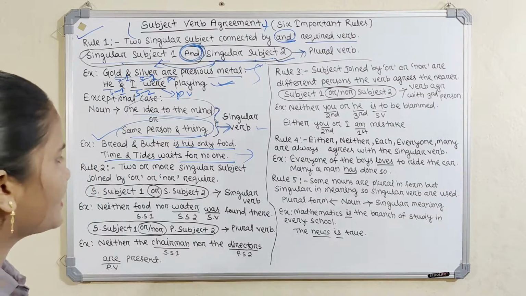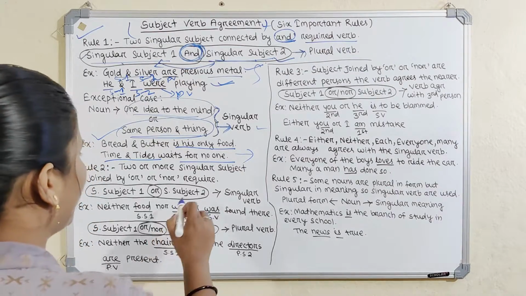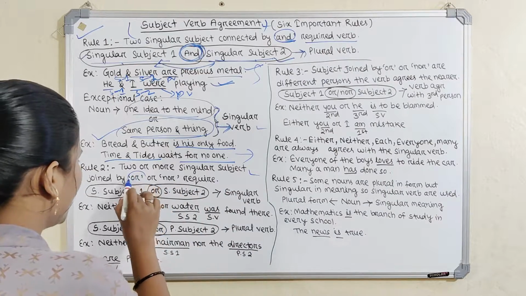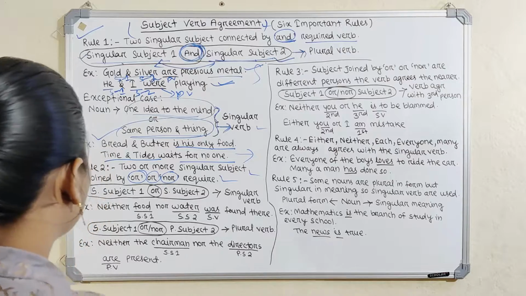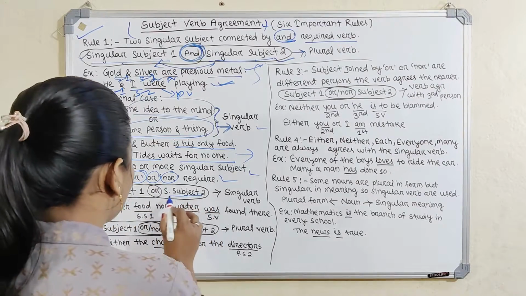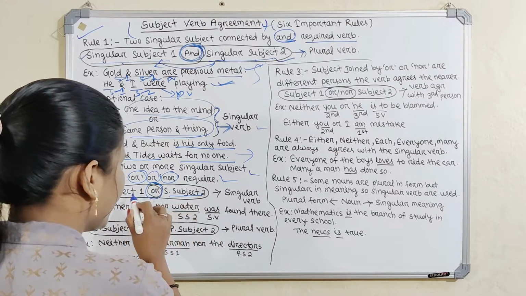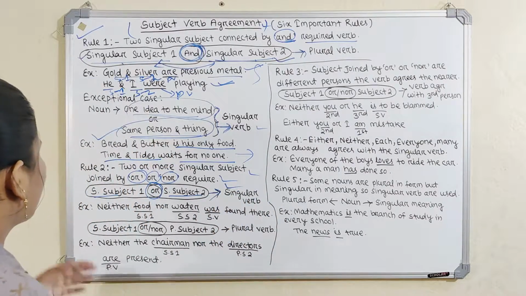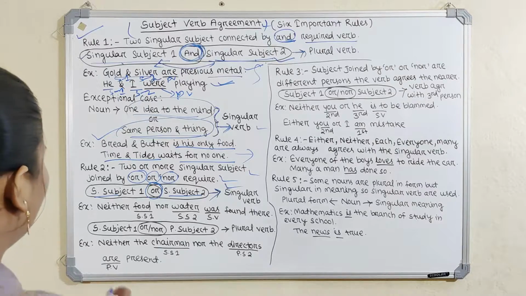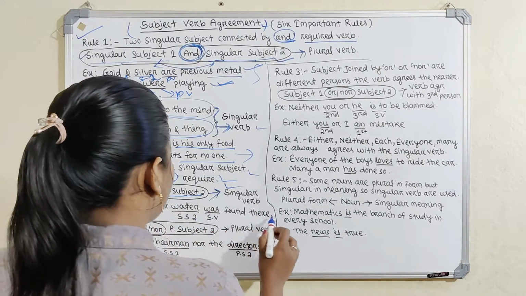Then let's move to the second, rule 2. Two or more singular subjects joined by the word or, nor require a singular verb. Singular subject 1 and singular subject 2 are connected by the word or, and it forms a singular verb. Okay, take one example: neither food nor water was found there.